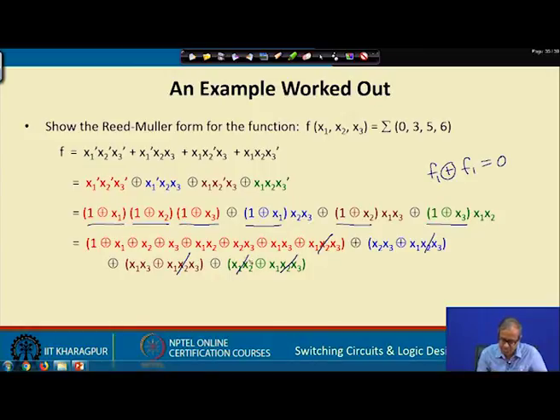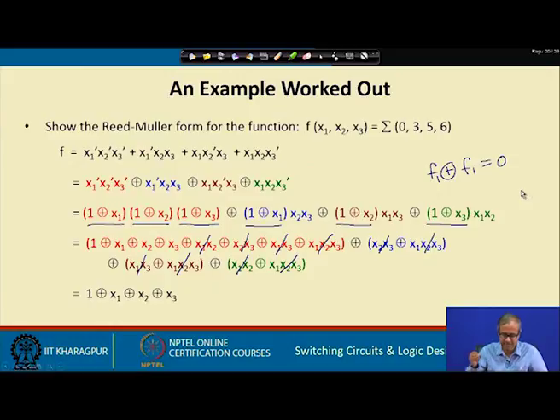This x1 x2 and this x1 x2 cancel out. This x2 x3 and x2 x3 cancel out, and finally x1 x3 and x1 x3 get cancelled out. So, most of the terms are getting cancelled out, and what you finally have is only x1 XOR x2 XOR x3. So, in this example you do not need any AND gates, you need only XOR. It is a very simple form of an expansion.